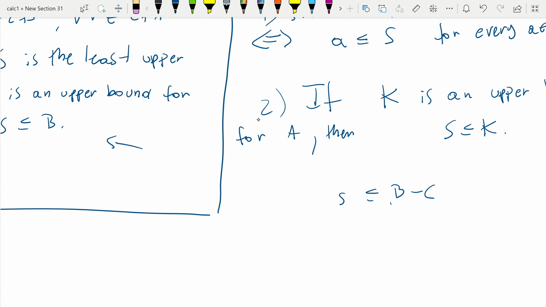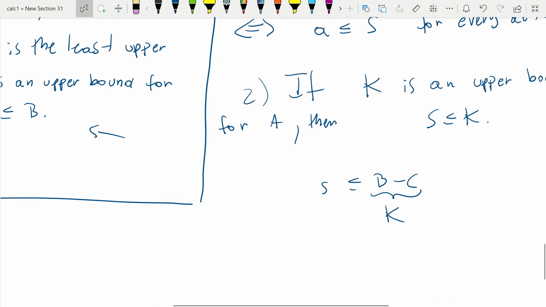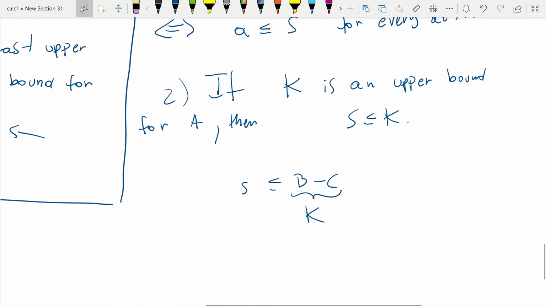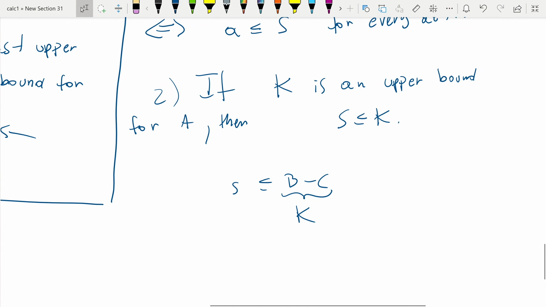If we make this a K. So if we manage to show that this is an upper bound for A, then we'll be able to show that K must be greater than or equal to S. And in that way, B will be greater than or equal to C plus S.